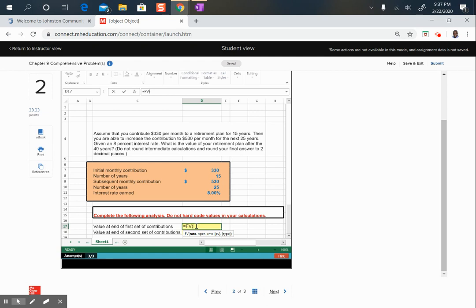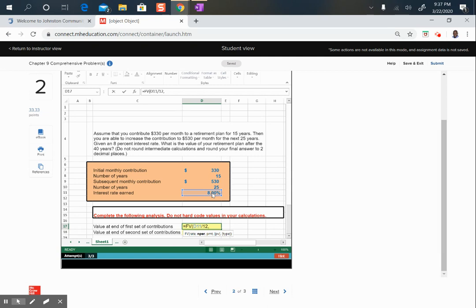So our rate per period is going to be, we take the rate per year, reference the 8%, but then we need to divide this by the 12 in order to find the rate per period, which will be 8 divided by 12. In this case it's D11, the cell for 8%, divided by 12.